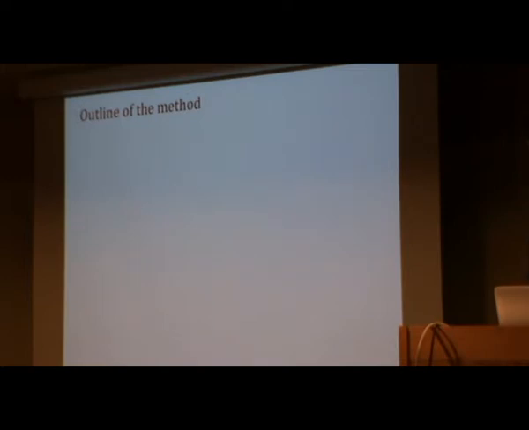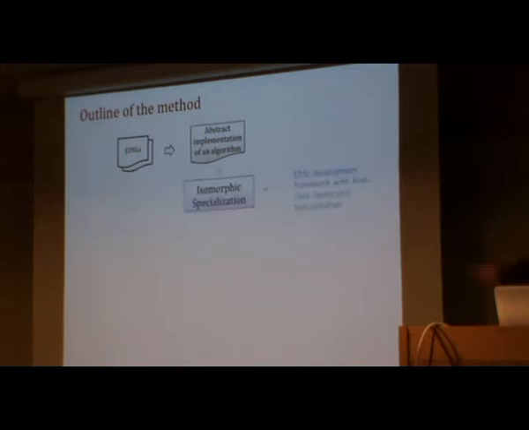The outline of the specialization method is like this. If you have a number of domain-specific languages and you write an abstract implementation of some algorithm, then you can apply the isomorphic specialization transformation, which produces a concrete implementation of this algorithm using a core language, which will be defined on the next slide.